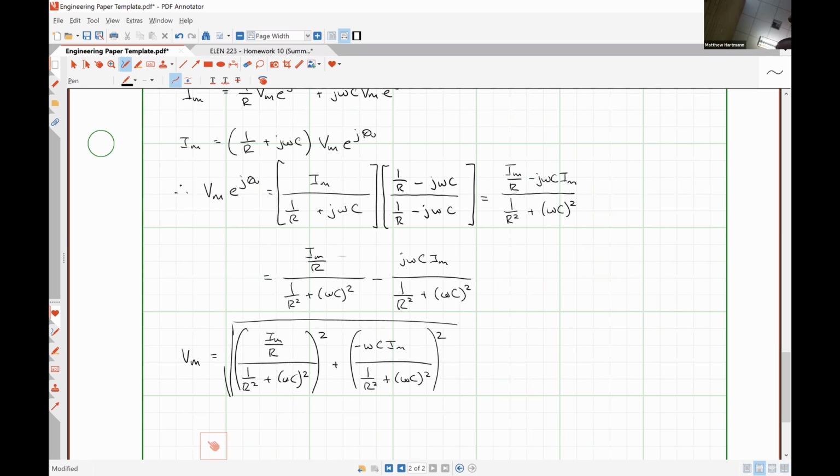Technically, this should be negative omega c Im, but when we square it, it really won't matter.